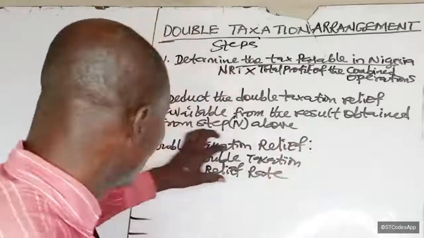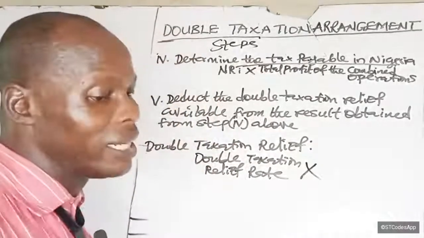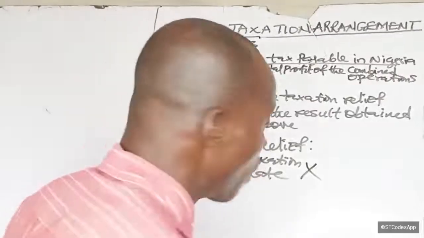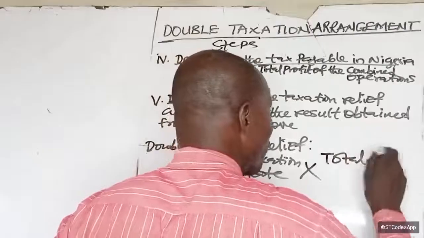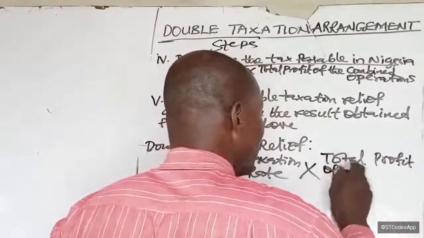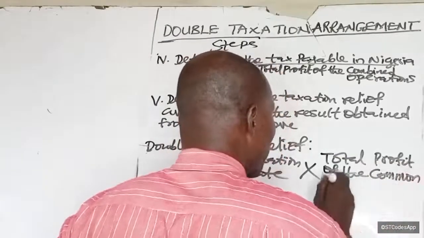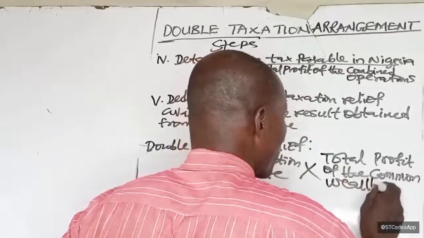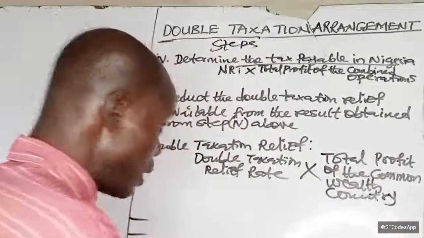So you multiply the double taxation relief rate by the total profit of the Commonwealth country, not the combined operation.